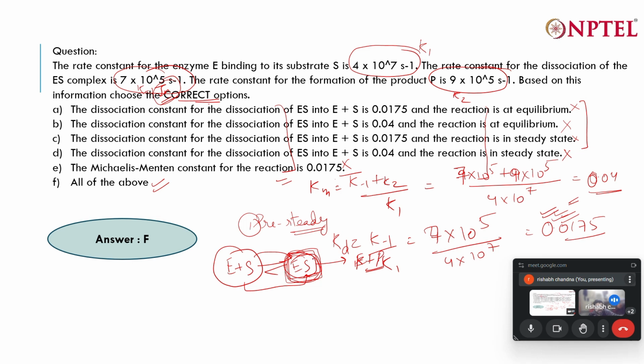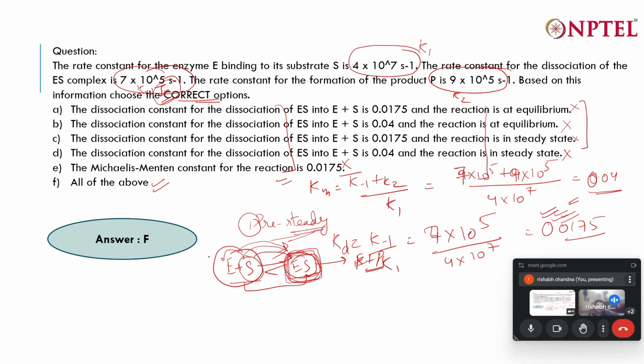So after adding enzyme and substrate, we achieve a pre-steady state in which the substrate starts binding to the enzyme. The concept of dissociation constant comes when we are actually seeing the binding of enzyme to the substrate. So if we consider Kd, in that case it would be in a pre-steady state rather than a steady state.